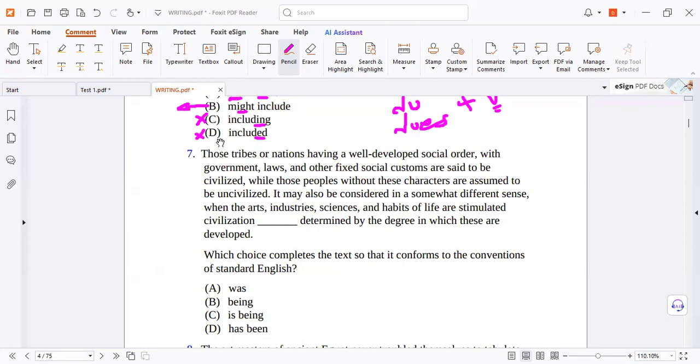Is it letter B? Why do you think B? Because it modifies the noun civilian. So for it we need a participle phrase. So it has to be B. So B, it's correct. Explanation correct.